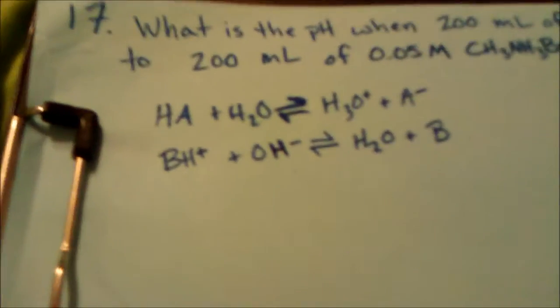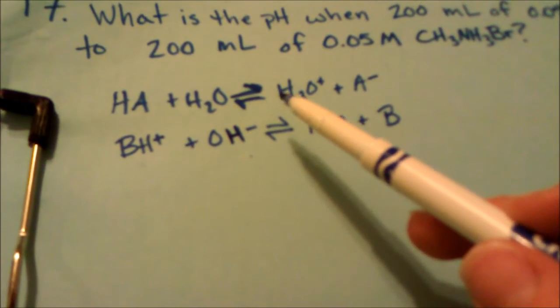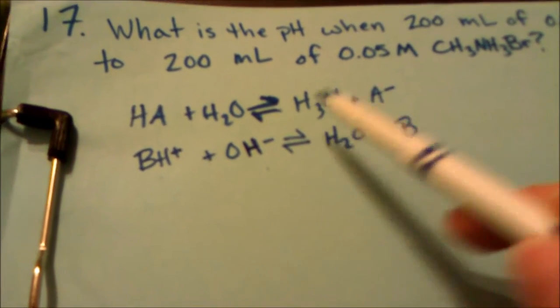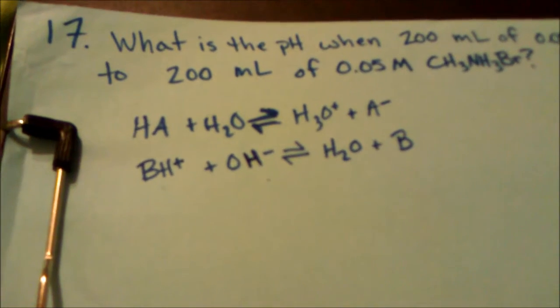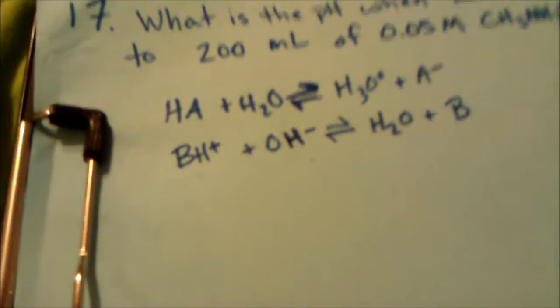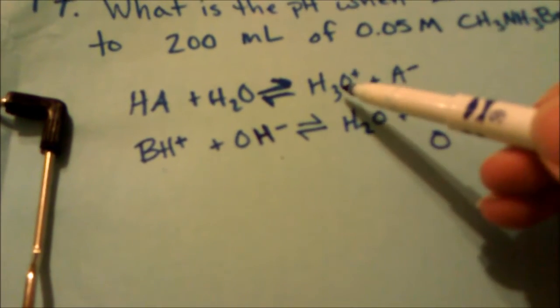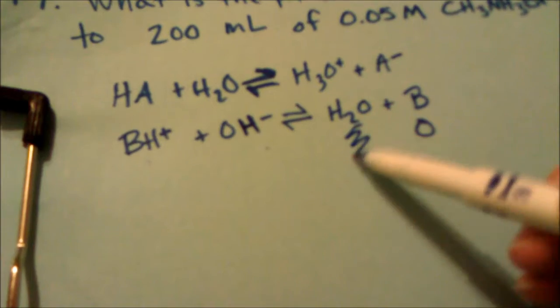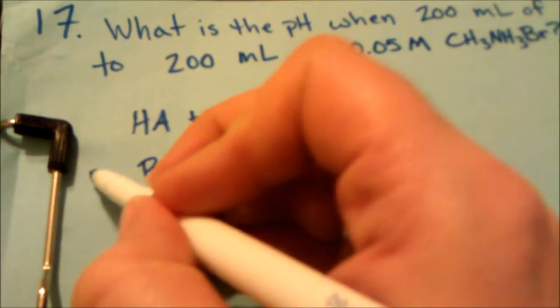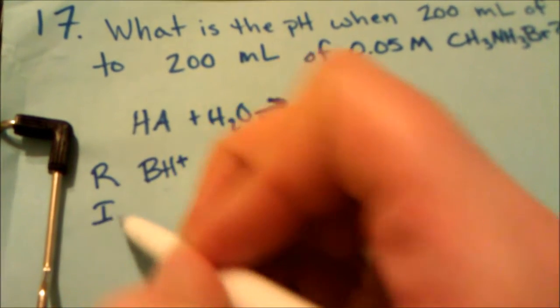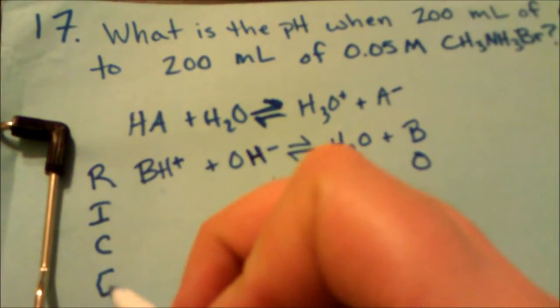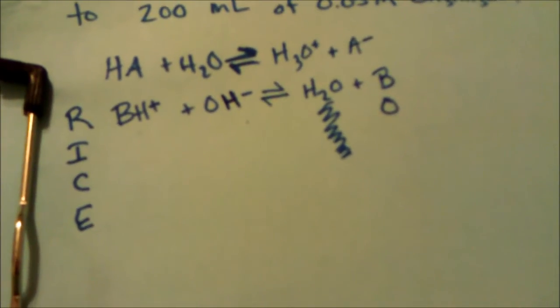So I don't have to worry about either of these two species for my new problem, and I can just start off talking about BH plus and OH minus as if there is no conjugate base in solution, not worrying about the protons in solution, and keeping in mind that water is going to be a pure liquid and not included in my equilibrium constant expression that I'm going to make from this RICE table.